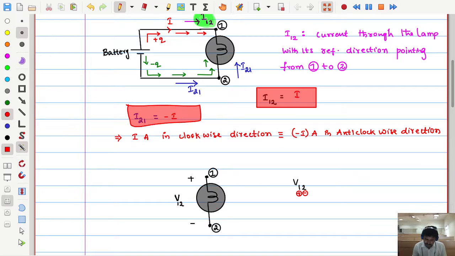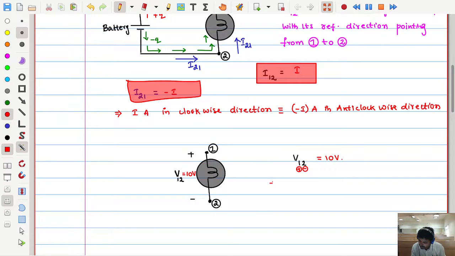Now let me say if V12 is equal to 10 volts, for example, can you interpret this? What does it mean? We can interpret it this way: point 1 is at 10 volts with reference to point 2. Clear?